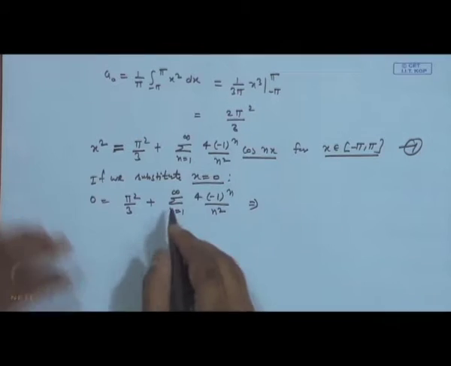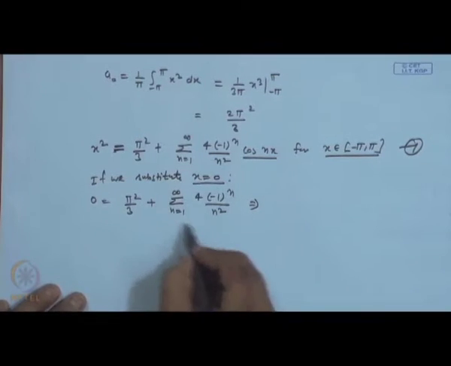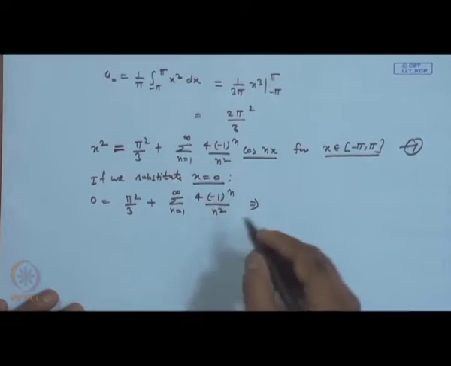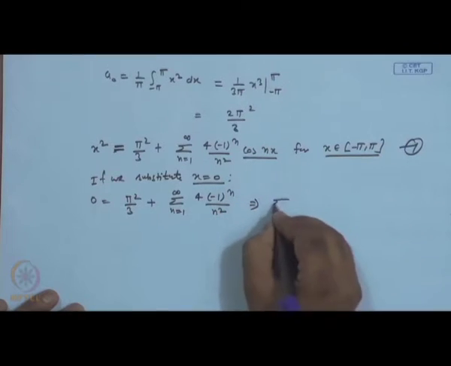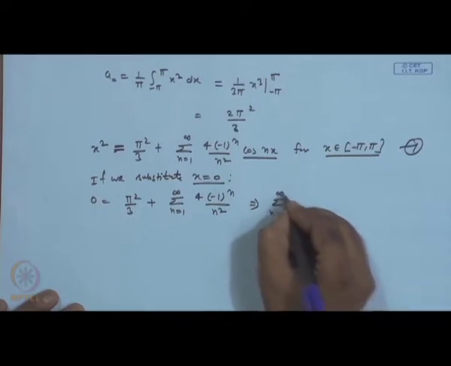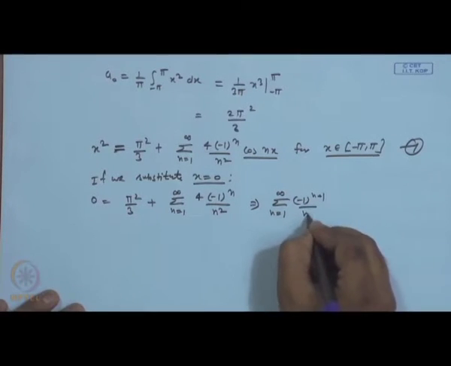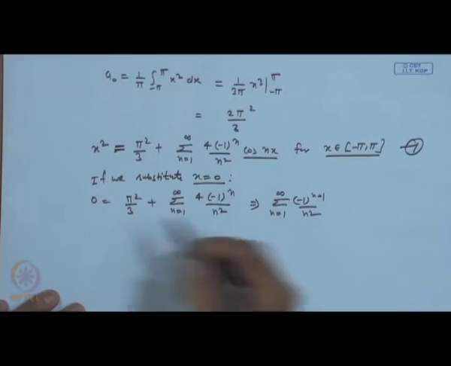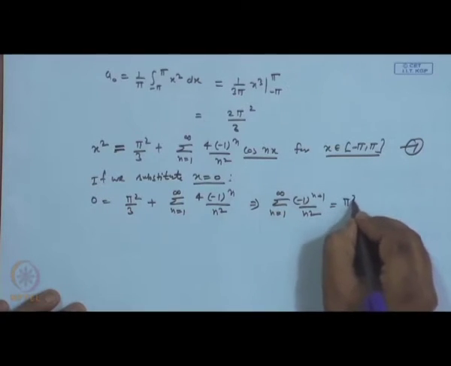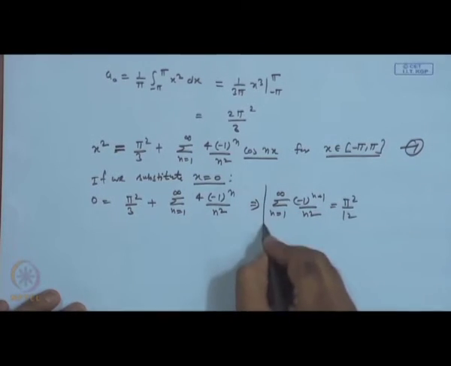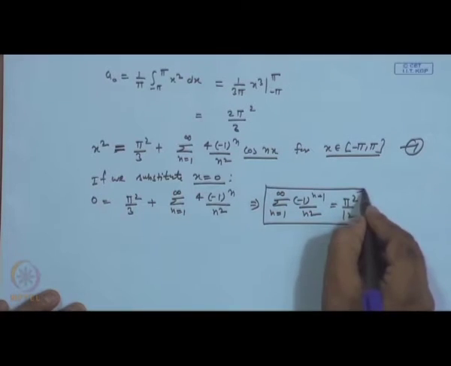So we take to the other side this summation, and the minus 1 we can accommodate here. So we get the sum n from 1 to infinity of minus 1 to the n plus 1 over n square, and this 4 will go to the right hand side. So we have pi square over 12. So we got the sum of this series.